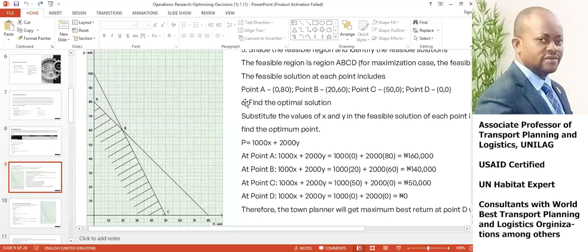Number 6 instruction is the optimal solution. The optimal solution is at what point are we getting the maximum best return? So now look at this. If you have written that, you see that it is the same thing that is here. Am I correct? P equals 1000x plus 2000y. Can you see that it is the same thing?